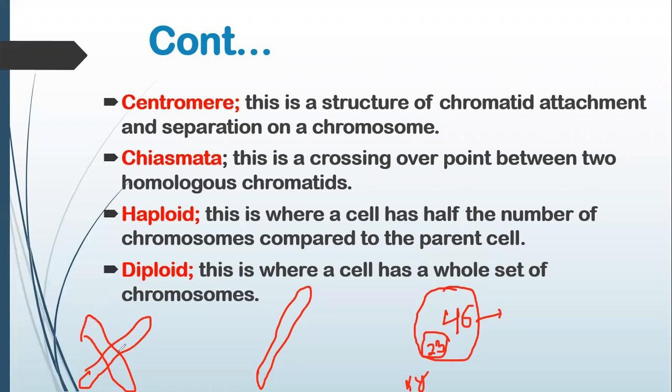And then you label, this is a centromere, and then this is a chromatid. The whole of this is a chromosome. If you want, you can put the locus. And then in the locus, you put their alleles. And you say this is an allele. But it is not hard.